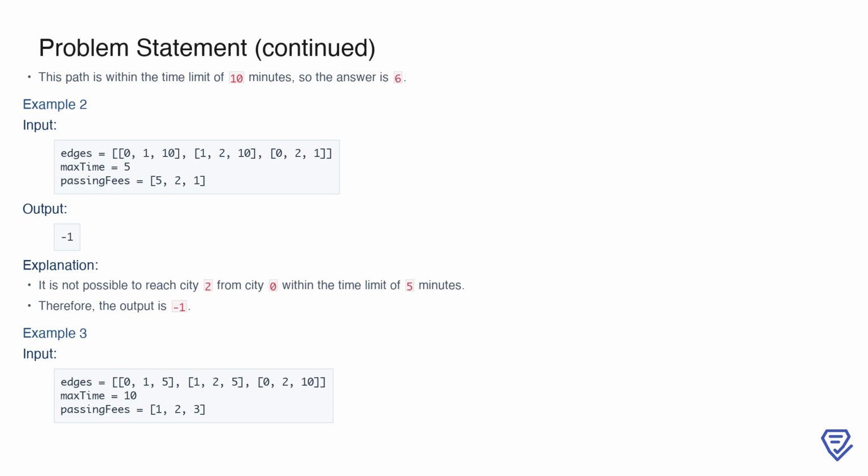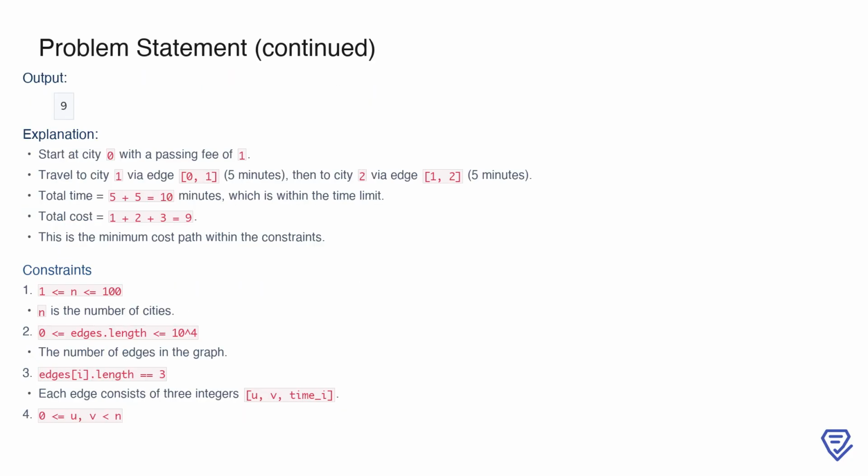In a third example, let's consider edges equals [[0,1,5],[1,2,5],[0,2,10]], maxTime equals 10, and passingFees equals [1,2,3]. Here, we start at city 0 with a passing fee of 1. From city 0, we travel to city 1 via the edge [0,1], which takes 5 minutes and adds a passing fee of 2.